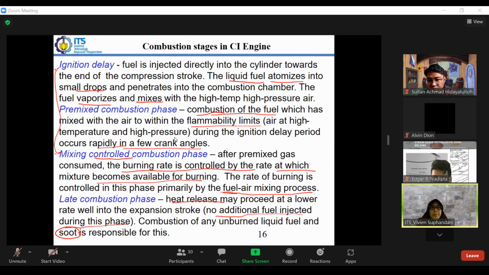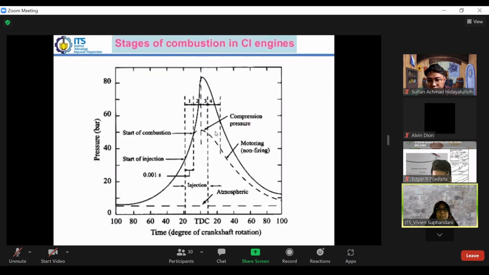Okay. So we have 4 phases here. So we understand the difference. First here is the ignition delay, and afterward we have the premix combustion in which we cannot control the pressure sharply increasing. It naturally occurs because there is a premix of fuel and air before.